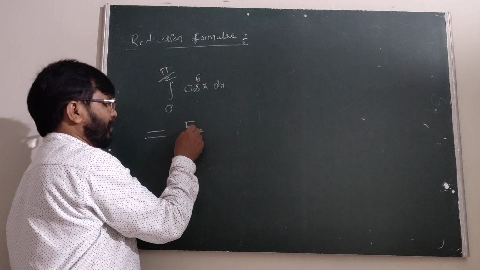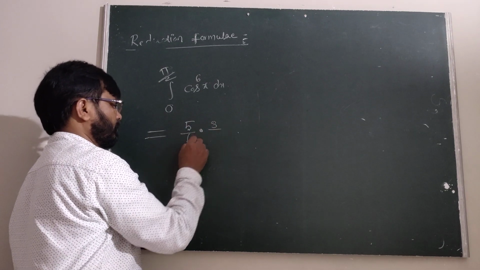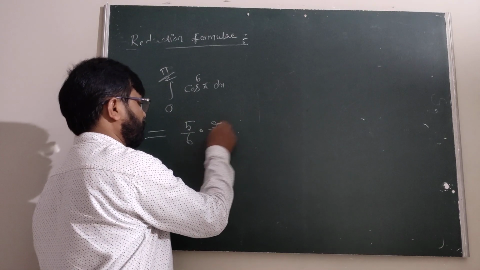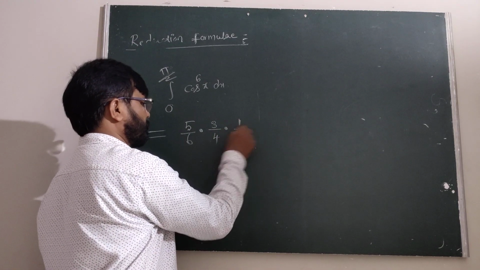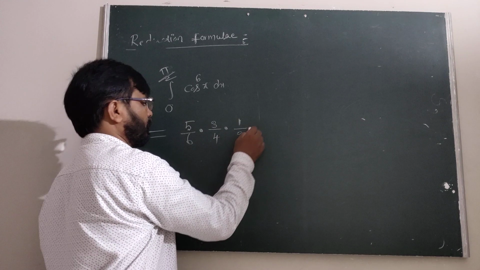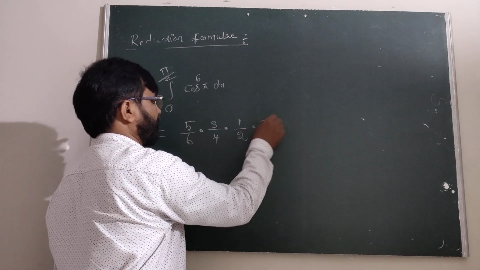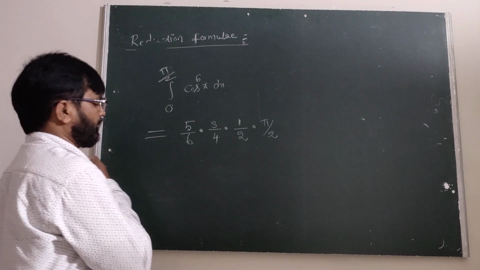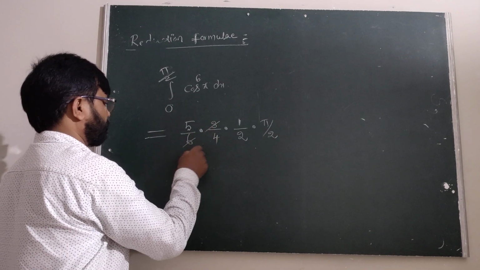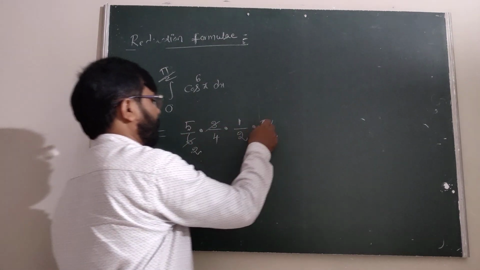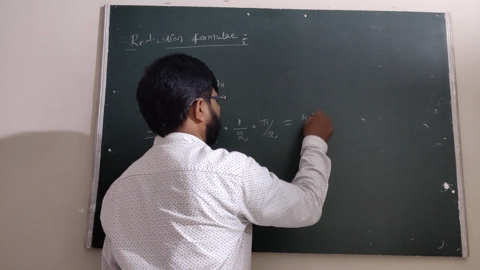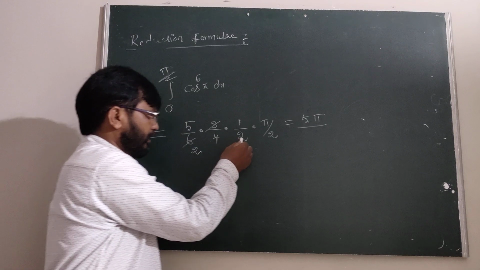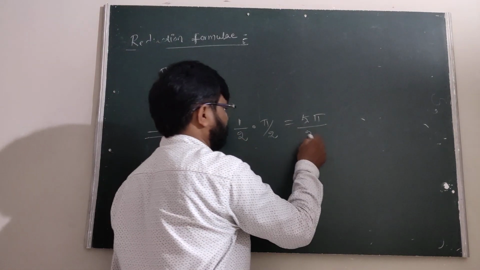After that, 5 minus 2 is 3 and 6 minus 2 is 4. Then 3 minus 2 is 1 and 4 minus 2 is 2. When n is even, we write pi by 2. Therefore, 3 ones are 3, 3 twos are 6, and now 5 into 5 is 5 5 pi. Is it clear? 4 into 2 is 8, 8 twos are 16, 16 twos are 32.